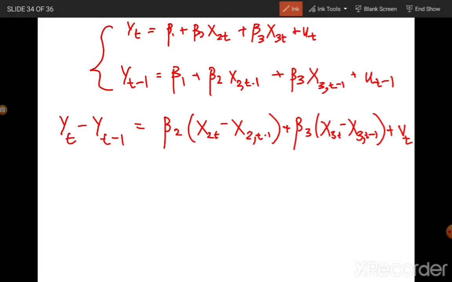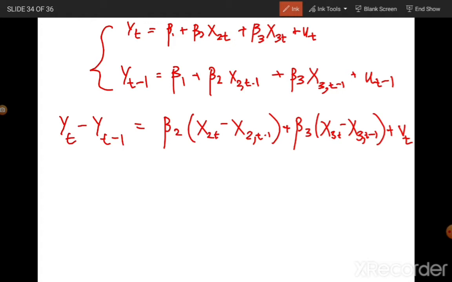This equation in this form is called the first difference form. We are saying that while x2 and x3 are collinear in any particular time period, the difference between x2t and x2t minus 1 need not be collinear with the first difference of the x3 variable.